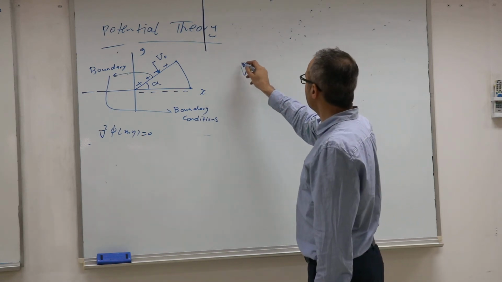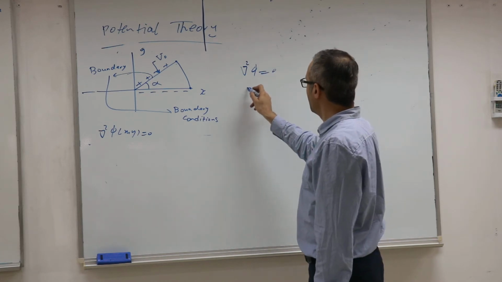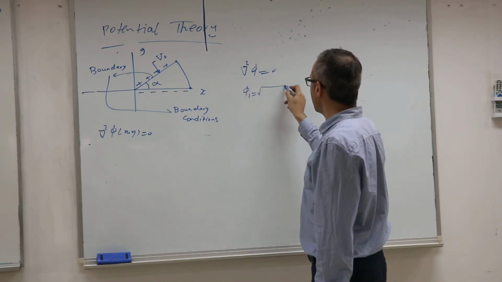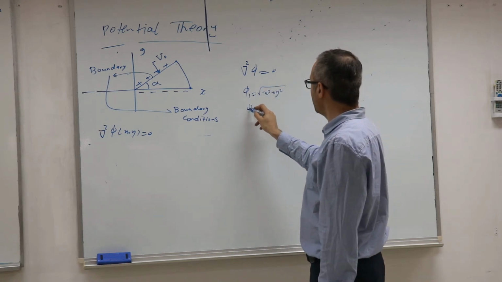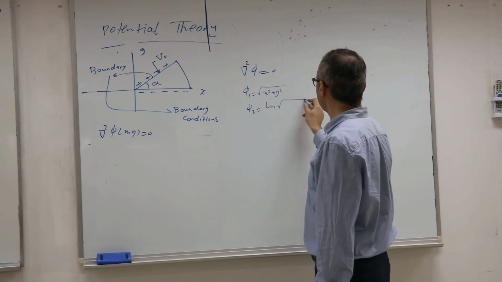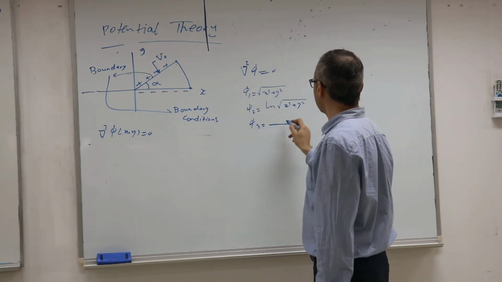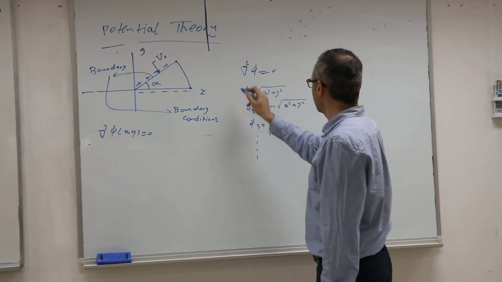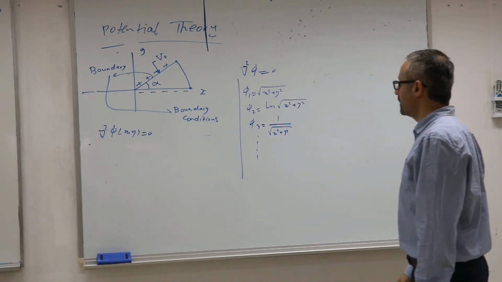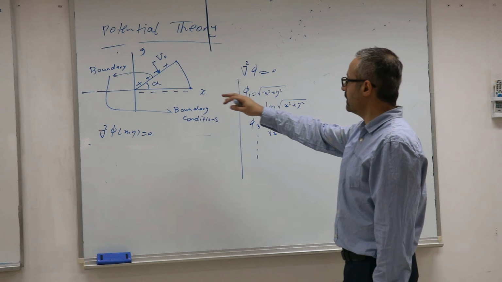I know that still the Laplacian of the field is 0. So one solution for this equation is that. One solution can be, as I wrote, a logarithm. Another solution for this equation can even be a radial one, or anything. But do all these functions satisfy the conditions?